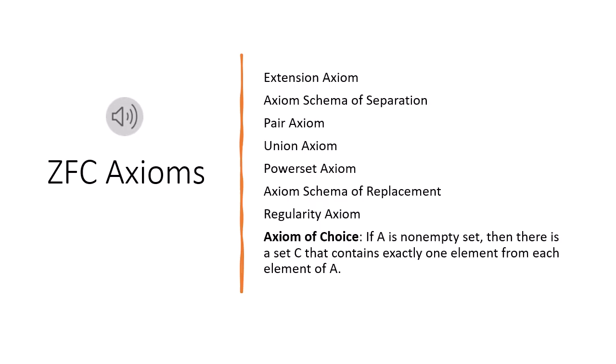That axiom happens to be independent of the other ones, so you can't prove the axiom of choice from the others. And the axiom of choice itself is used heavily in mathematics. Often in analysis and algebra, it is used to show the existence of certain objects or certain types of structures.